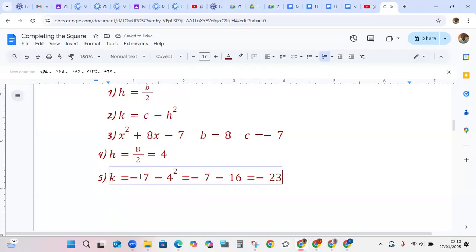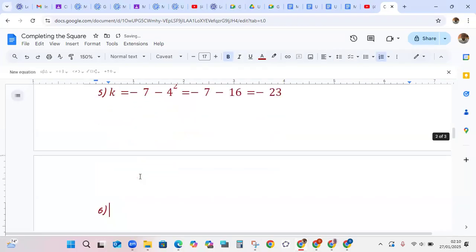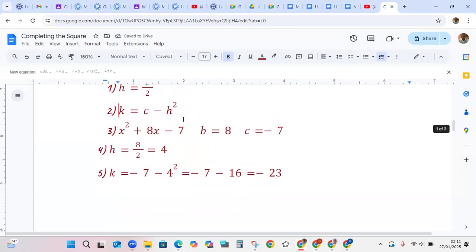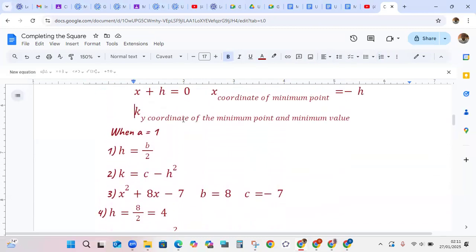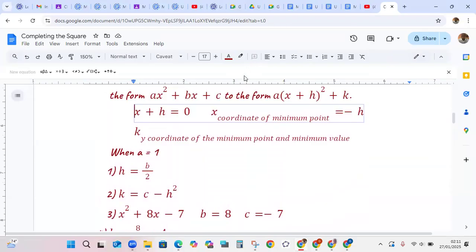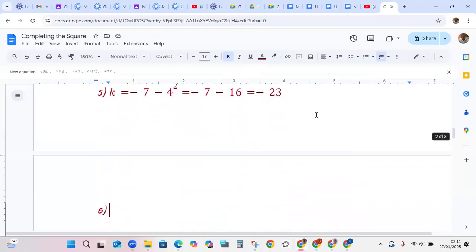So therefore, the x coordinate of the minimum point, you can recall, is minus h. h here is 4.